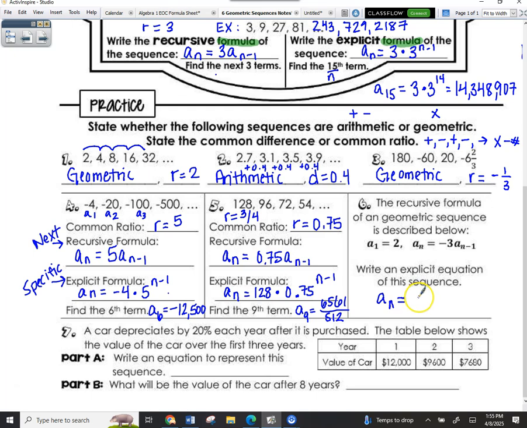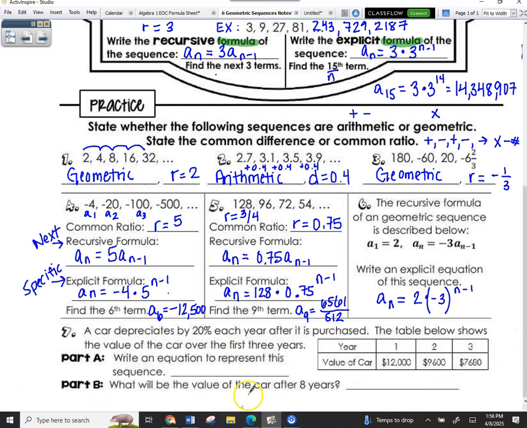What's A sub 1? 2. Then I need the ratio, the multiplier. What is it? Okay, so since it's negative, it might be smart to put it in parentheses so it doesn't look like I'm writing 2 minus 3, right? To the n minus 1 power, right?